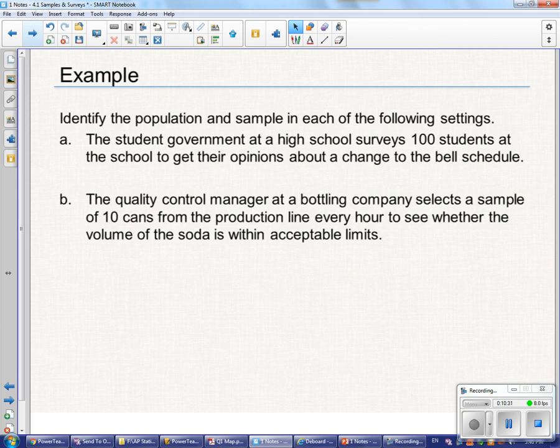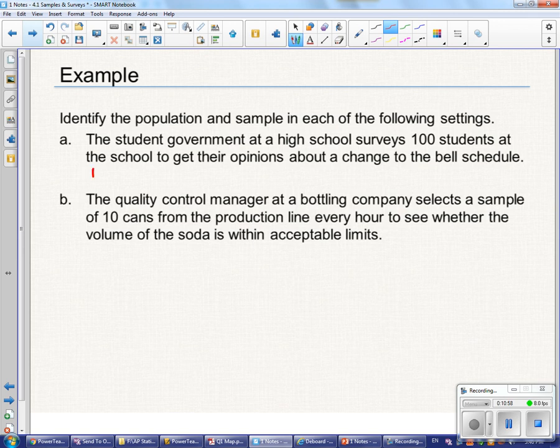Okay, so in letter A, it says the student government at a high school surveys 100 students at the school to get their opinions about a change in the bell schedule. The population, I'm sure you recognize, is going to be all the students at the high school. But I think you need to be a little bit more specific than that. We want to make sure that we're talking about all the students. Are we talking about the ones that are simply present on a single day, or are we talking about all of the students that are enrolled in the high school? And so you want to be specific.